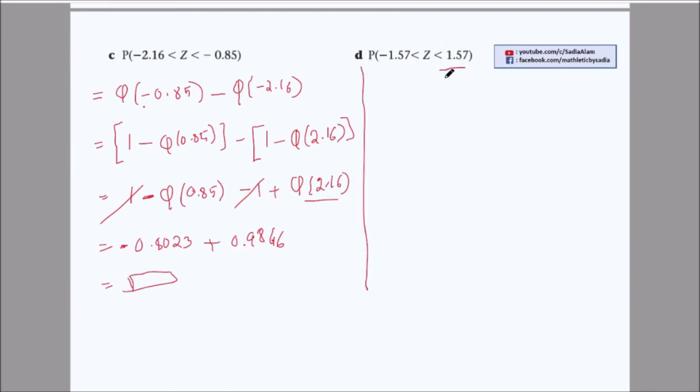For this one, it will be phi of 1.57, that is the value at the right side, minus phi of the value at the left side, minus 1.57. So phi of 1.57 minus, for the negative one you need to take 1 minus phi.